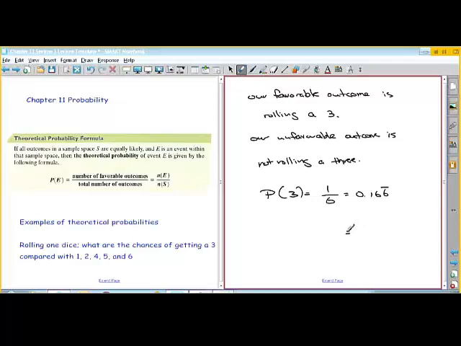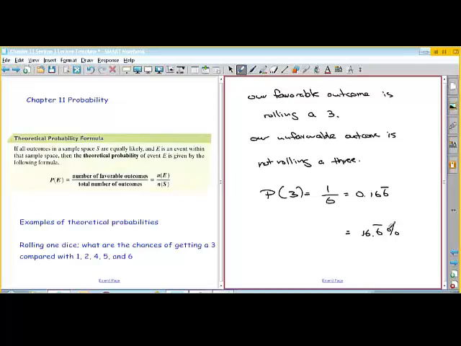Or you could rewrite this as a percentage, and to do that, you just multiply by 100. So it's 16.6%. So the probability of me rolling a fair dice and getting a 3 is 0.166.